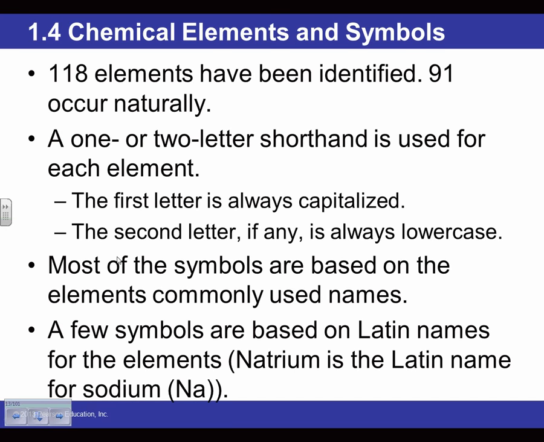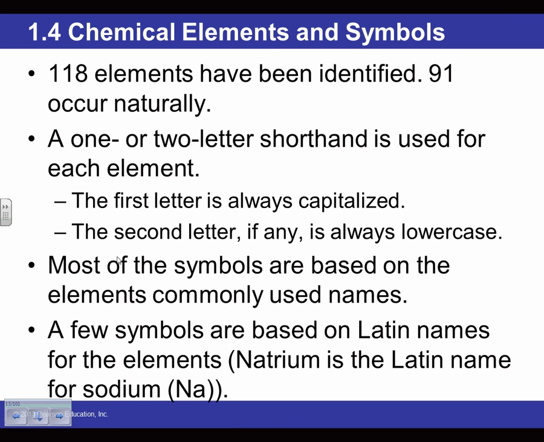Now, one of the things you need to know is that there are 118 chemical elements. That number can actually expand because scientists are always looking to create new novel elements that don't naturally exist but are able to be placed on the periodic table. They're usually indicated on the periodic table using an abbreviation of a one-letter or two-letter symbol.